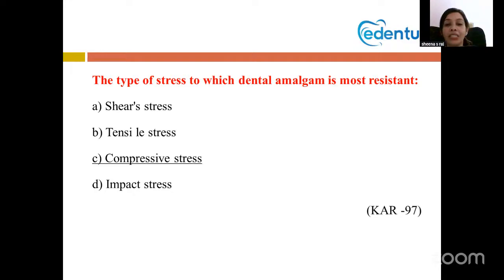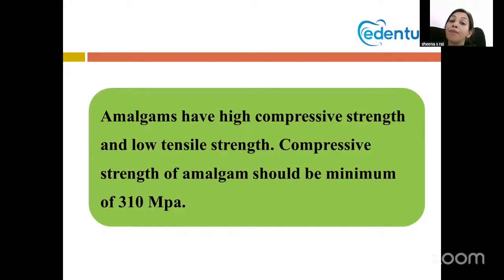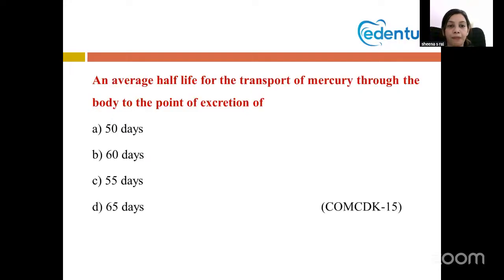That is compressive stress. It is actually able to resist compression, because of the bulk of the material and also the strength of the material once it sets. Amalgam has high compressive strength and low tensile strength. Compressive strength of amalgam should be a minimum of 310 MPa. So please keep this important point in your mind.